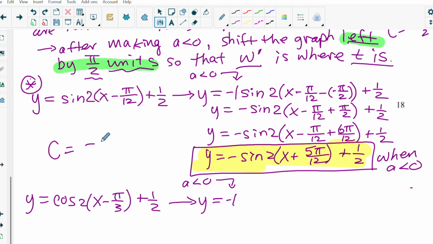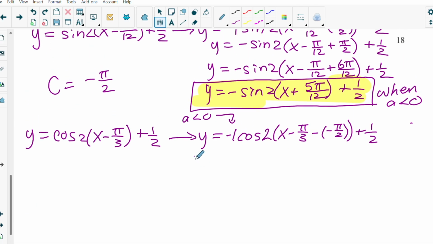And remember, the only thing I'm changing is a horizontal phase shift, my c value of negative pi over 2. So that's negative 1 times cosine of 2 times x minus pi over 3 minus negative pi over 2. That's my c value, plus 1/2.